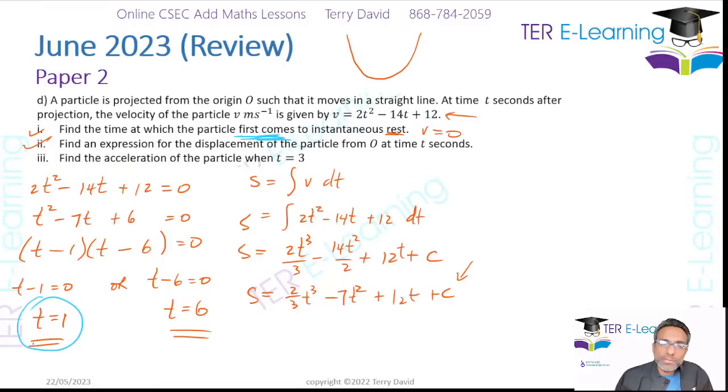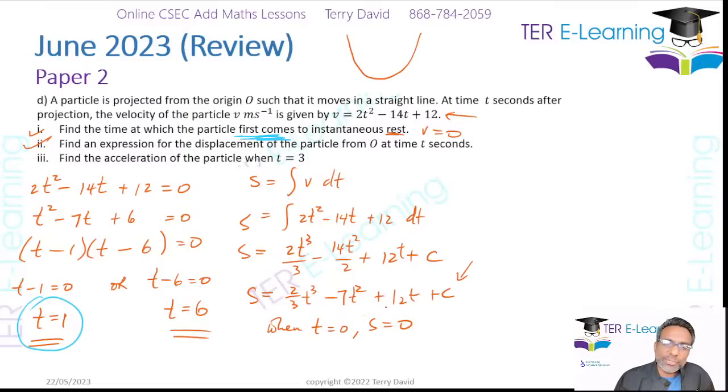When t is 1, your velocity was 0, but let me just read something here first. Hold on. The particle is projected from origin such that it moves in a straight line at time t seconds after the projection. Oh, okay. So all we're doing for this part is, when t is equal to 0, the assumption is the displacement is 0.